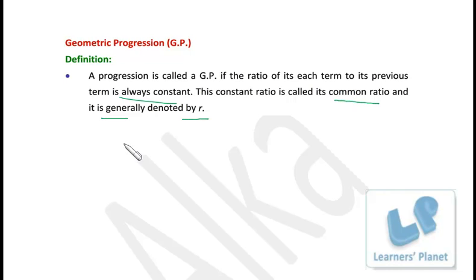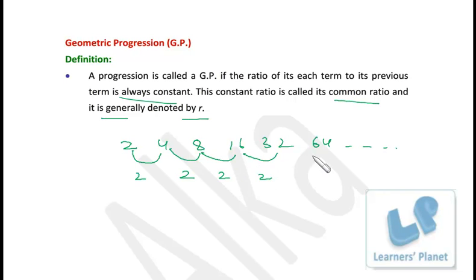I take an example over here. Suppose I have a series 2, 4, 8, 16, 32, 64, something like that. Now just see each term divided by the previous term. 4 divided by 2 gives 2. 8 divided by 4 gives 2. 16 divided by 8 gives 2. 32 divided by 16 gives 2. So every next term is twice the previous term.